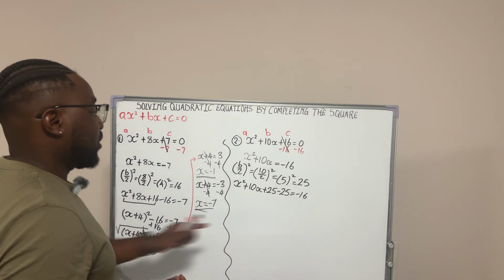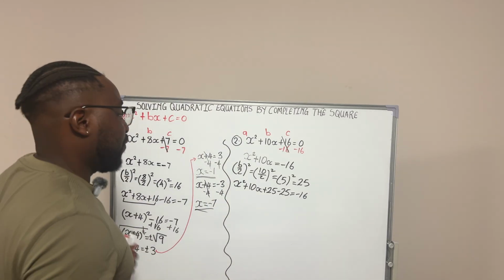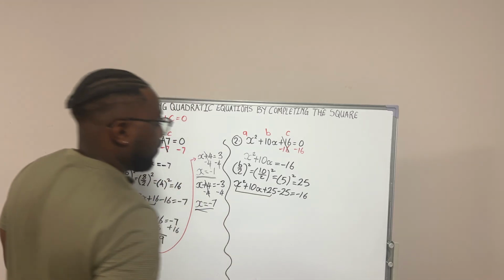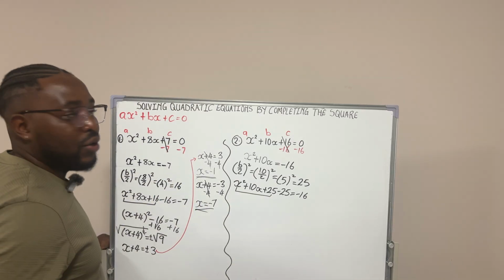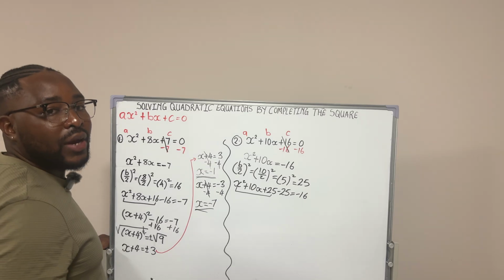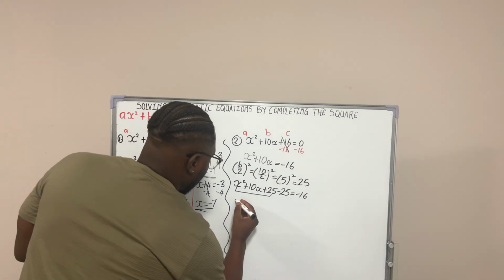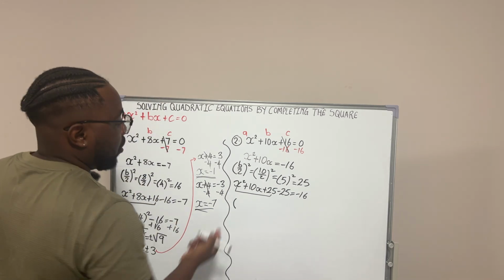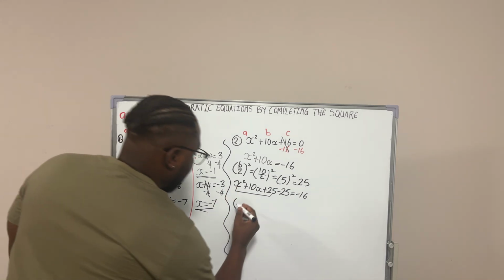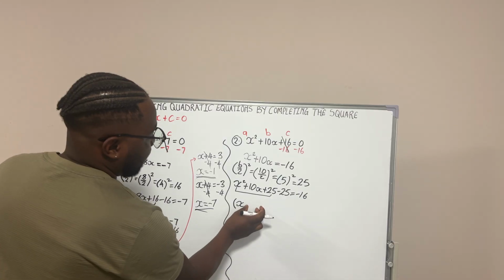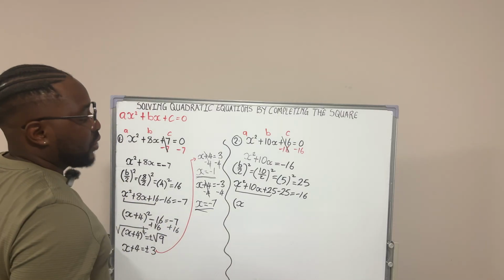Okay, let us simplify our left side of the equation. Let us take this expression over here. That's a perfect square trinomial, so we can what? We can factorize it into a squared binomial. Yes, and how do we do that? We open our brackets. Yes, what's the square root of x squared? That's x. Yes, now we have to find our other term in the bracket, and we do that by what?